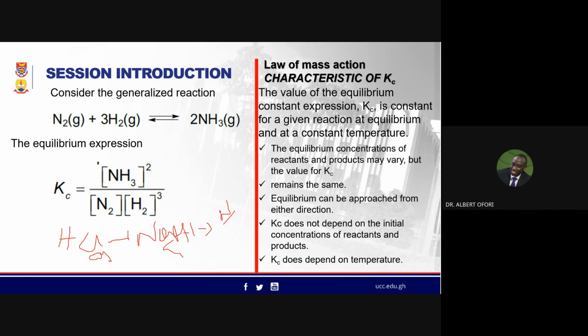So when I'm writing the equilibrium constant expression, I will not include water. I will just write the concentration of sodium chloride divided by the concentration of sodium hydroxide times the concentration of hydrochloric acid. Would that be okay?